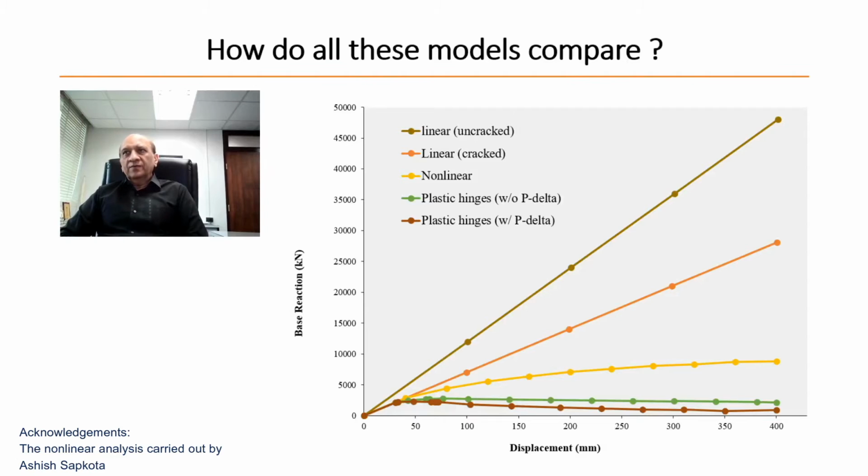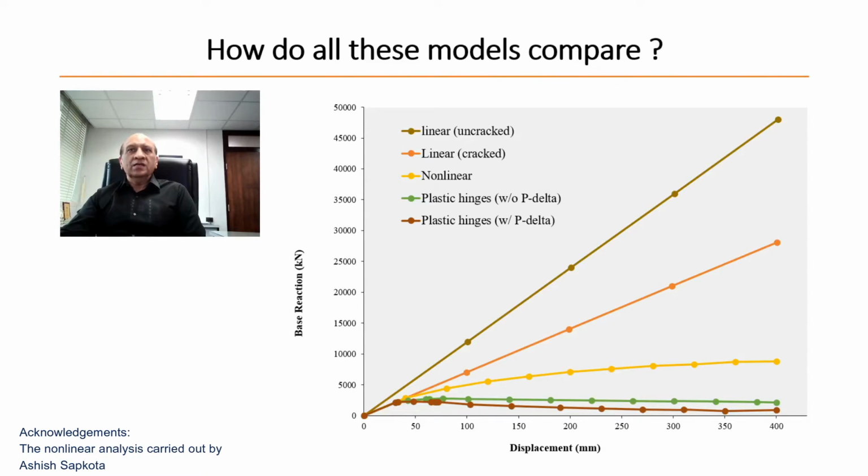Now that we have created the models which were linear and models which were aware of the stability and the models which are aware of the capacity, let's see how do these models really compare with each other.